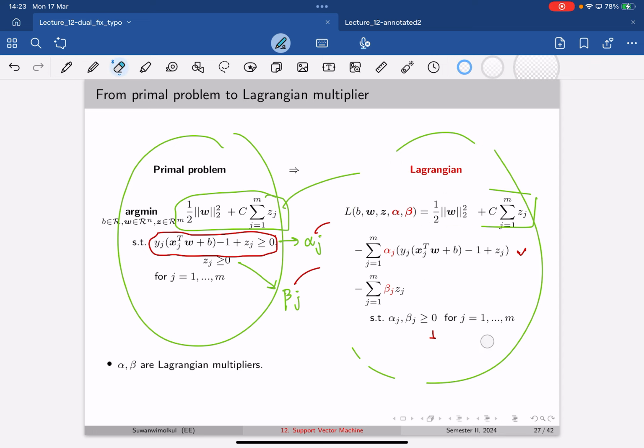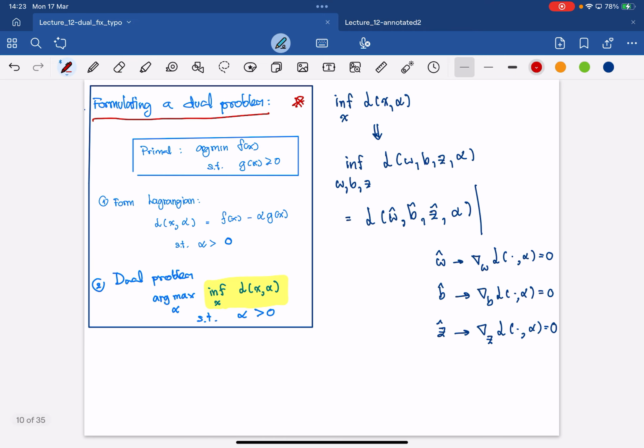After you have the Lagrangian, what you need to do next is to find the infimum of the Lagrangian. In order to do that, as I mentioned before, we will find this infimum by finding the normal vector, the bias, and the slack variable that cause the gradient of that function to equal 0.